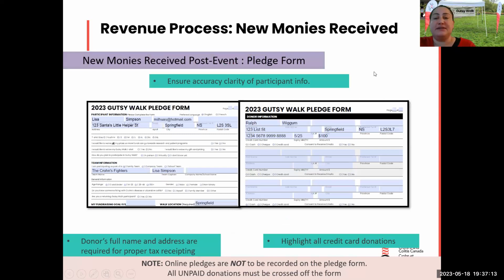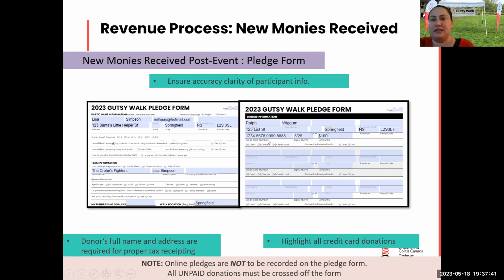If you receive a donation after you prepare your deposit slip, the process is the same as what Amara mentioned. Every offline donation needs to be accompanied with a pledge form. You need to make sure the person submits the pledge form, and you check the information to make sure it's all correct and we have the full donor address, because that's the only way we can issue a tax receipt.